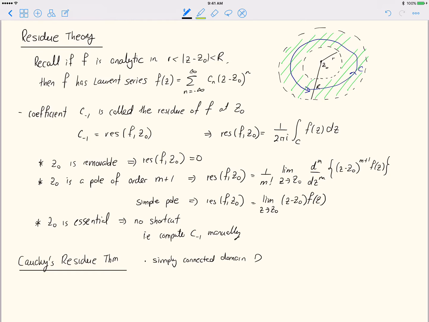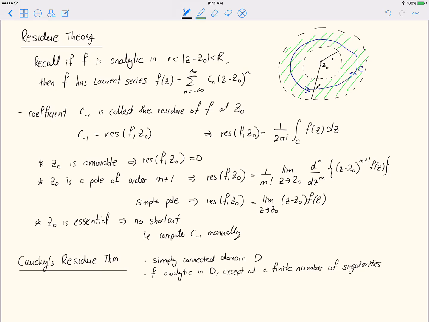Remember, what's a simply connected domain? A domain without holes. And you need a function f that's analytic in D, except at a finite number of singularities. So your function is allowed to have issues, if you like, at a finite number of points in D. Okay, so let me draw you an example.